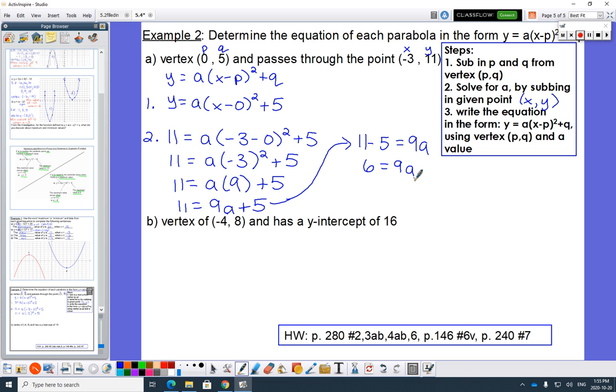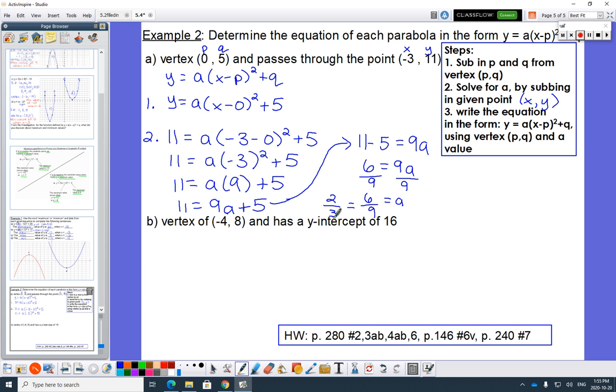Now to get 9 by A by itself, I divide by 9. Decimals are fine because we're not going to graph this. Fractions are fine, but can I leave the fraction like this? No. It has to be reduced, okay?